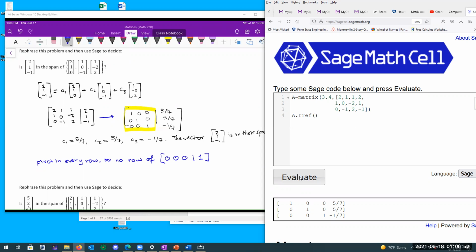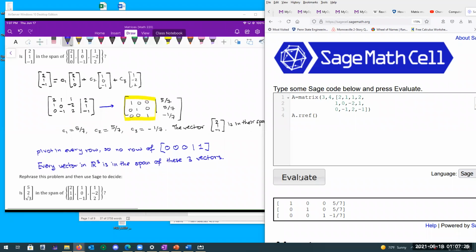Okay. What this means is that every vector in R3 is in the span of these three vectors.